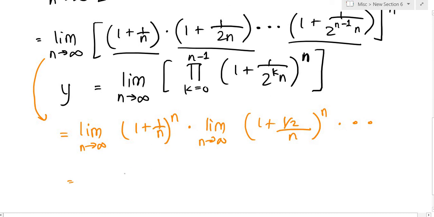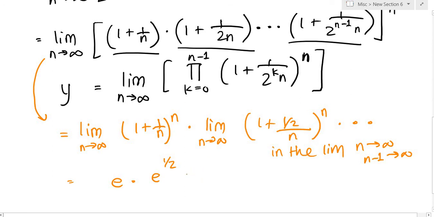This thing by definition is e, this thing is e to the half power, and then in the limit as n goes to infinity, n minus 1 also tends to infinity.